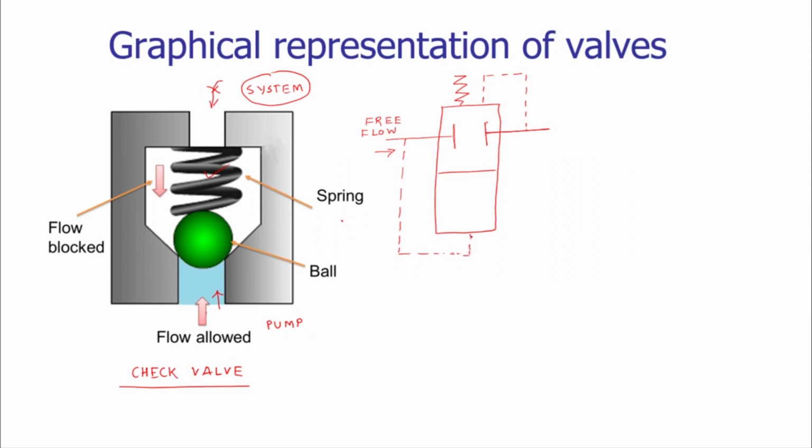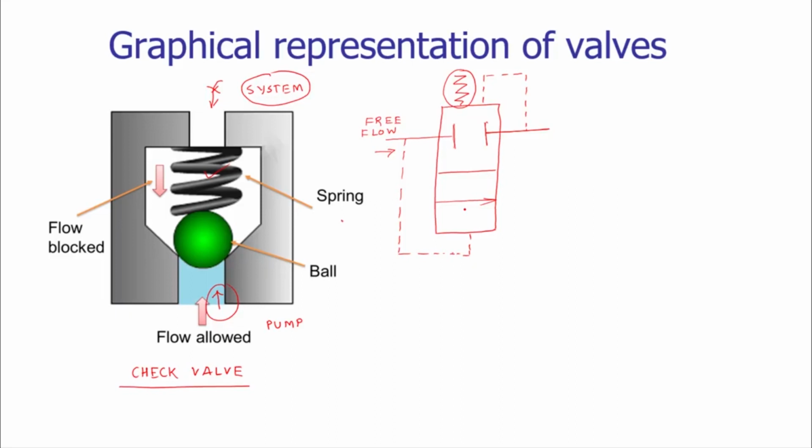When the inlet pressure, which is designated by using a dotted line, is more than the cracking pressure, more than the spring pressure here, then the flow of fluid is possible from left to right. So in this way, the check valve has been represented.